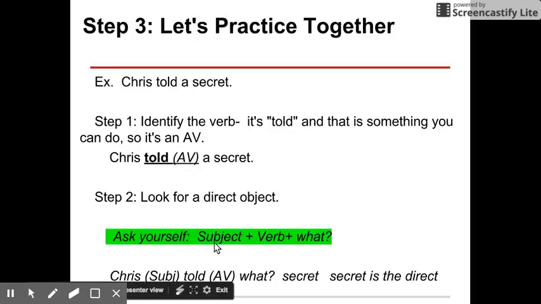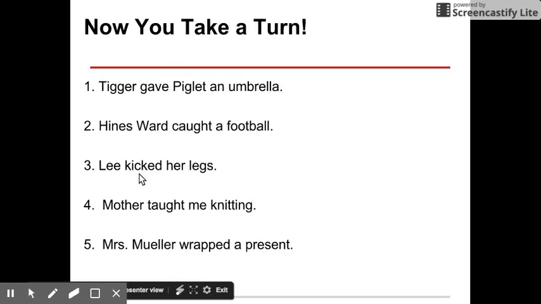We're going to replace the word subject with the subject of this sentence, which is Chris. We don't just say verb. We're going to replace that with the verb in this sentence, the action verb, and it's told. And then we're going to add the what. Chris told what? Secret. And we want to answer in one word. Secret is our direct object in this sentence. Chris told what? Secret. Okay?